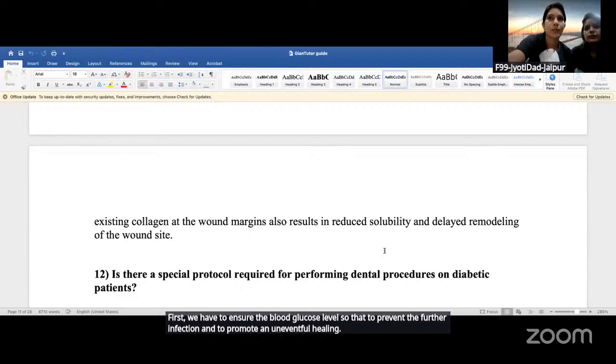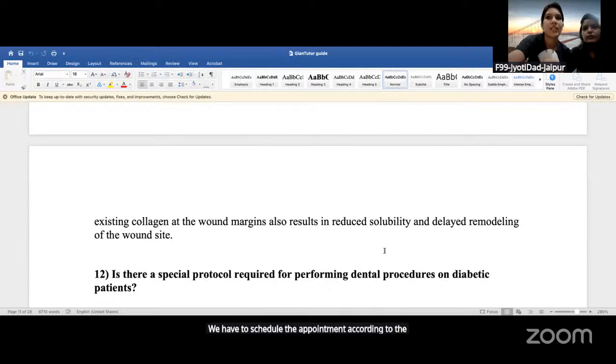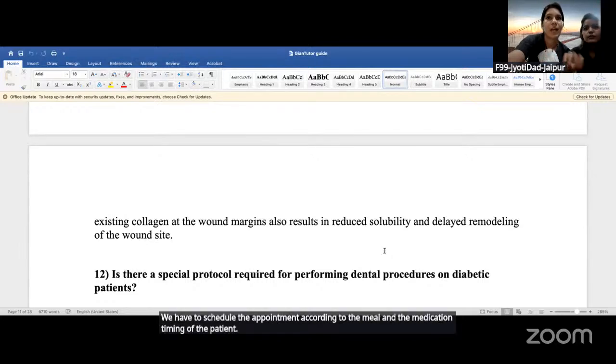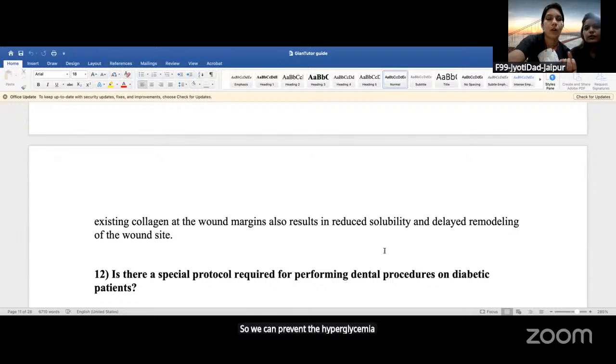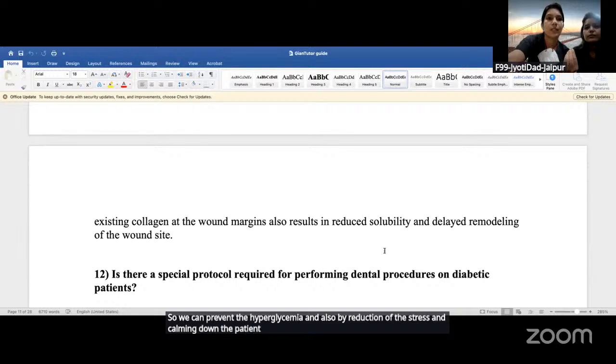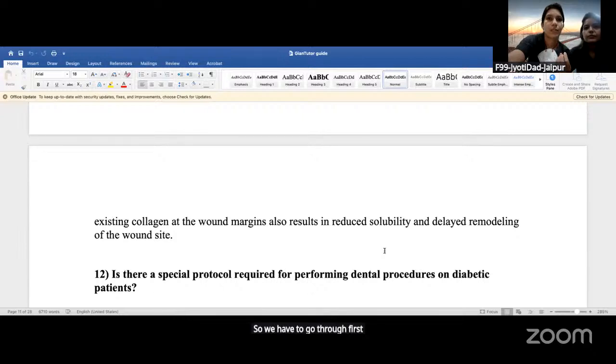We have to schedule the appointment according to the meal and medication timing of the patient, so we can prevent hyperglycemia, and also reduce stress and calm down the patient, because in case of stress, the hyperglycemia will increase. We have to maintain strict aseptic conditions while performing any surgical or non-surgical therapy. And antibiotic prophylaxis should be given as the patient has uncontrolled diabetes mellitus.